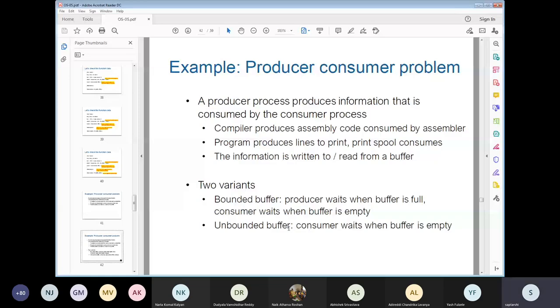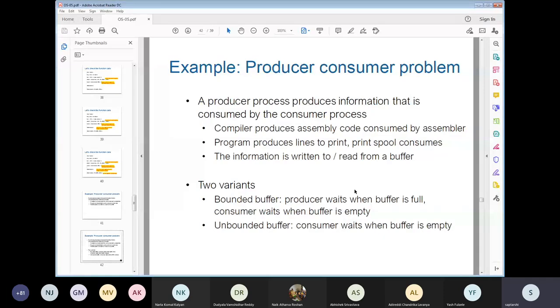Of course, in a network the situation is much more complex because the producer and the consumer are running on two different machines. So how does the producer even know that the consumer's buffer is full? I'm sure that part will be discussed in detail in the networks course. There is a whole family of algorithms there called congestion control.